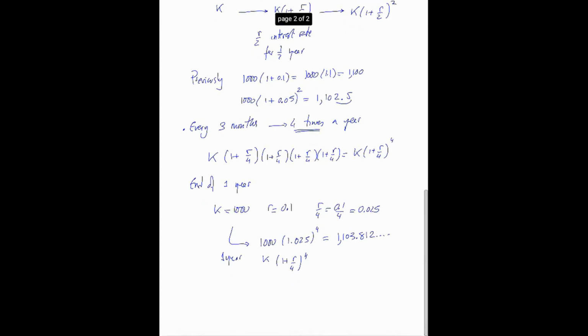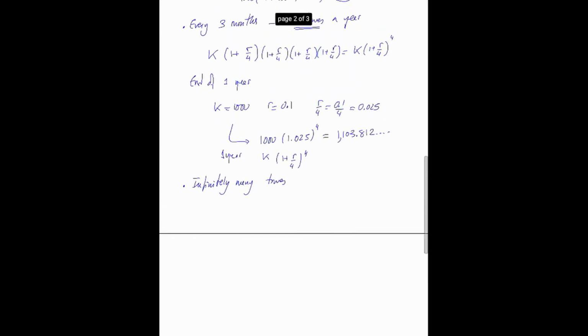Okay, what happens as we keep doing this over and over? Assume we can do this infinitely many times, meaning that the bank can pay you a little bit every second, every millisecond, every 10th of a millisecond, everything.